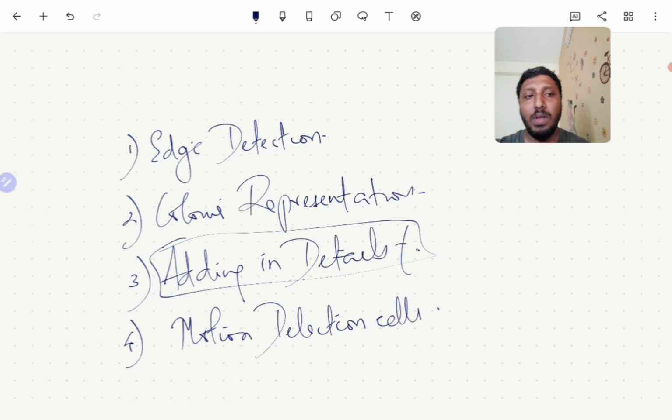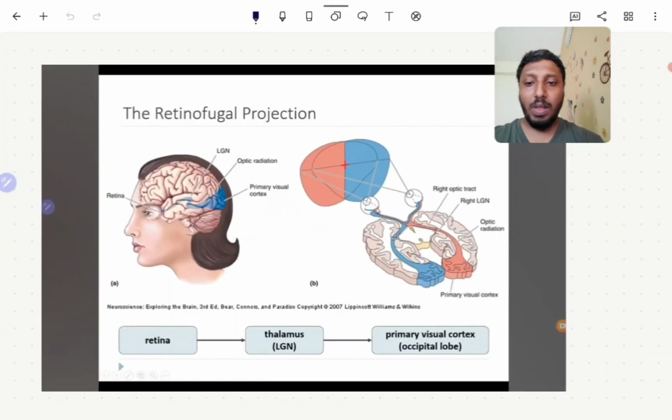Okay, so that is over, and we will start how the brain does all these things. So here comes the retina.